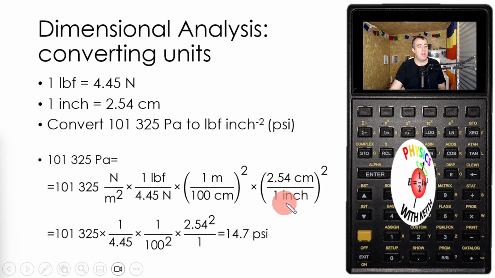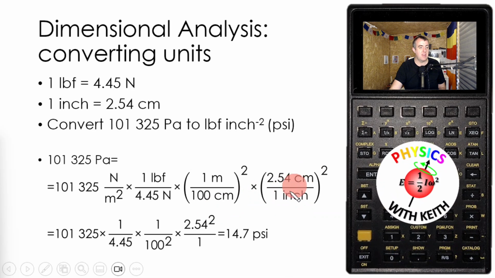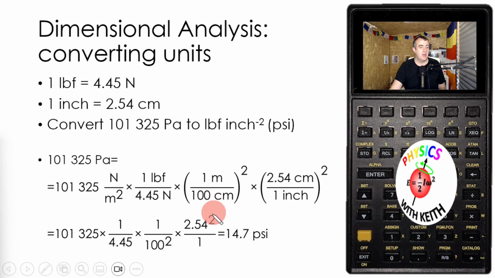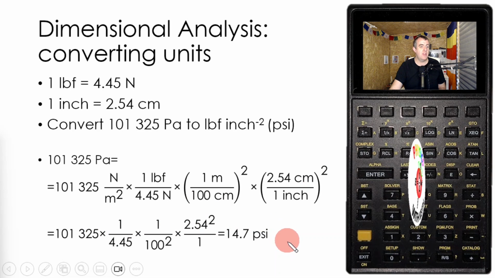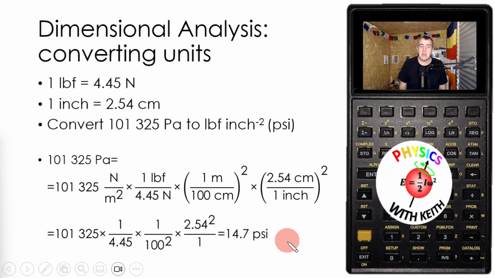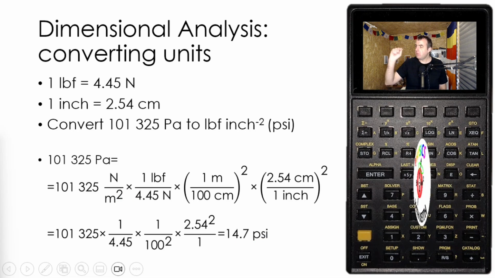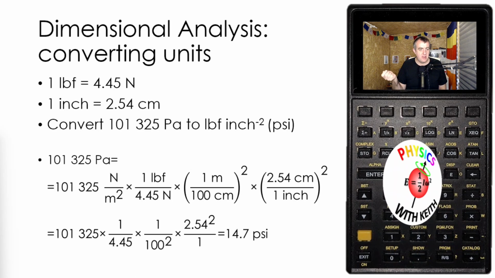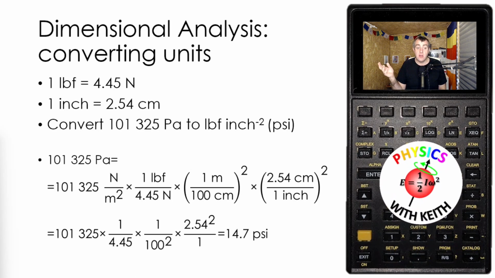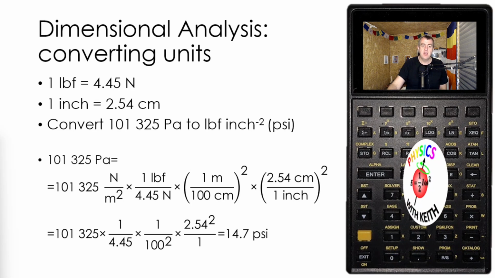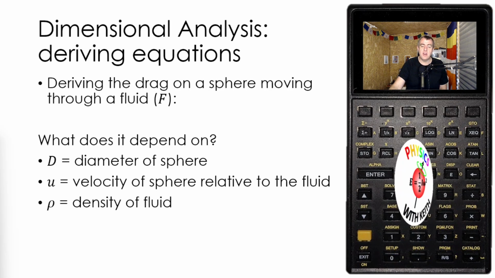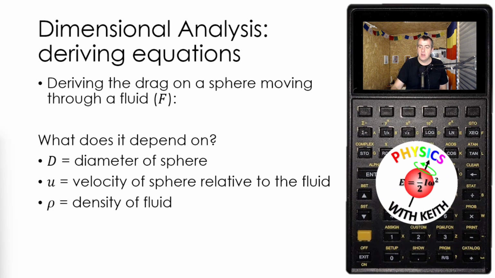And then I do the same thing to cancel the centimetres and give me inches. And if you express all that using numbers, you end up with 14.7 psi. You'll find at petrol stations and things, the unit psi is still used for pressure in tyres. So it's not a dead unit, it's just an old unit.